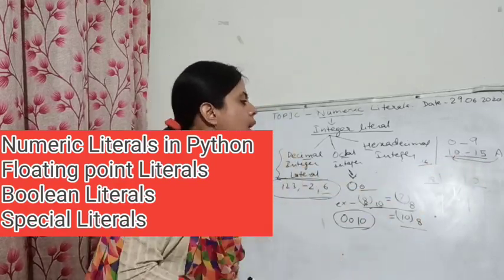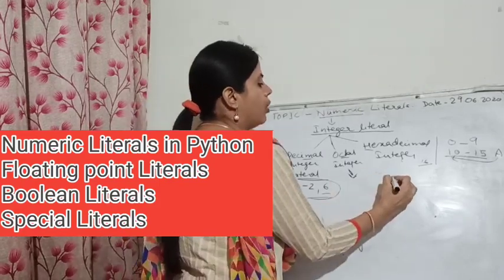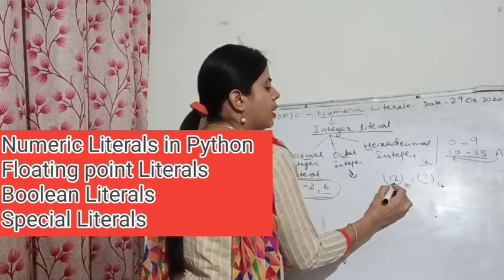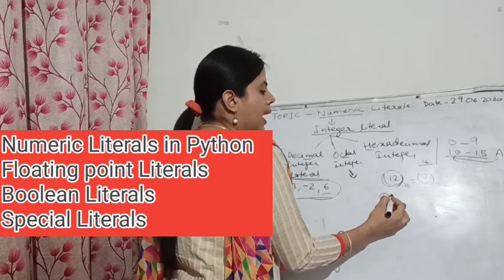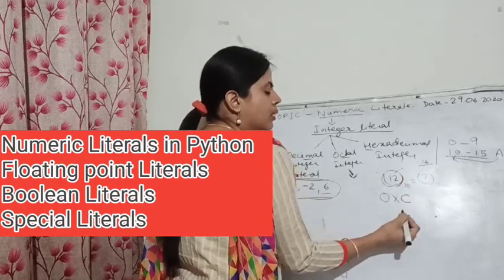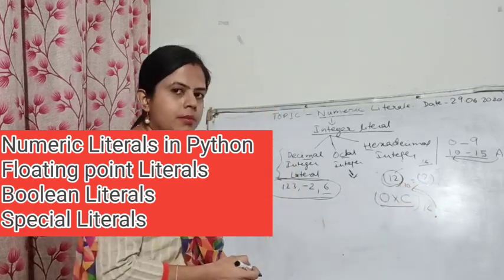So if I want to write the hexadecimal number of 12, so 12 to the base 10, then what will be the hexadecimal number? As it is only the number 12, it will be preceded by 0 and X, and the value of 12 will be C. So 0XC to the base 16 will be the answer for this decimal number.